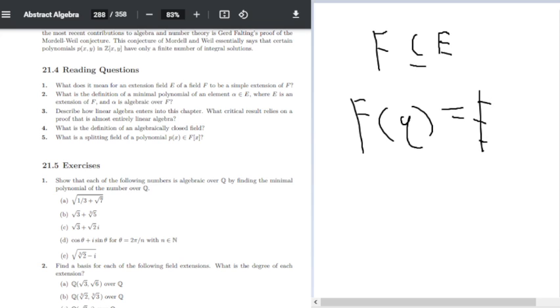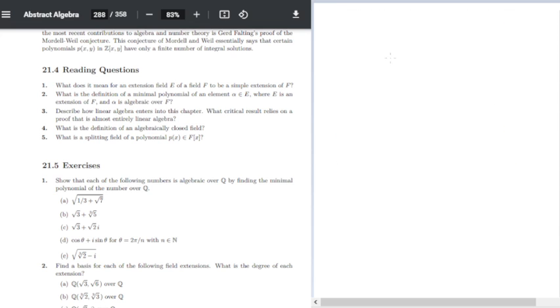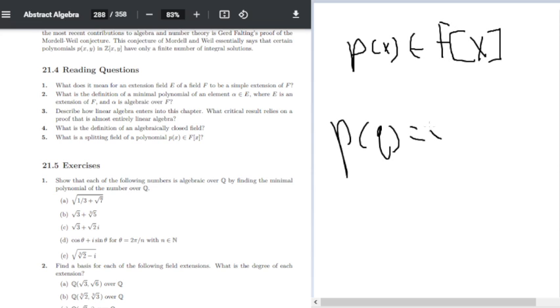What is the definition of the minimal polynomial of an element alpha in E, where E is an extension of F and alpha is algebraic over F? So it is the monic polynomial of minimal degree, p of x in F of x, such that p of alpha is equal to 0.